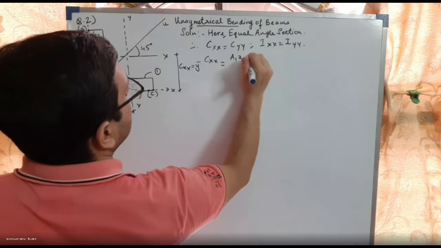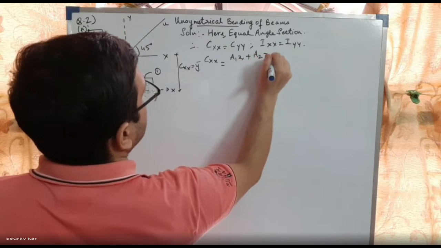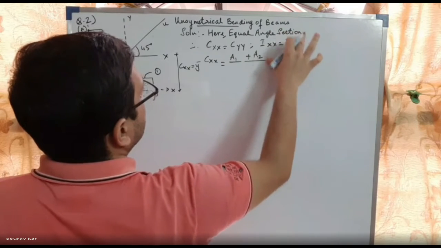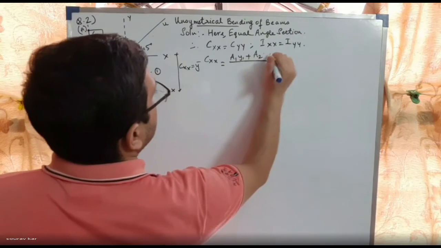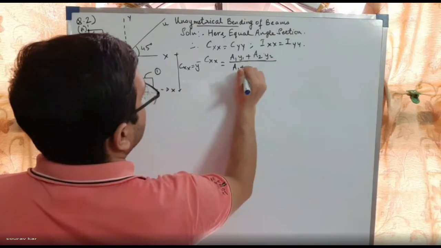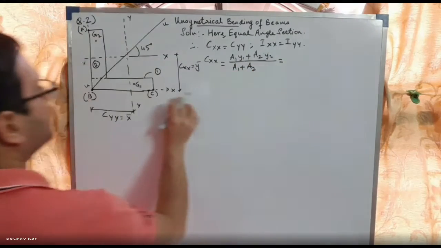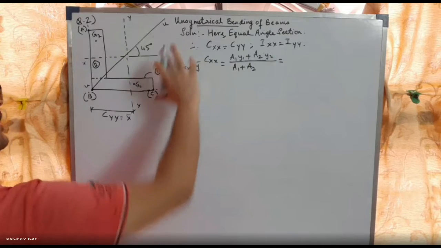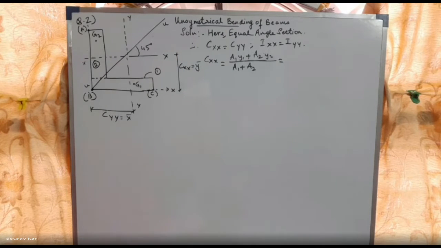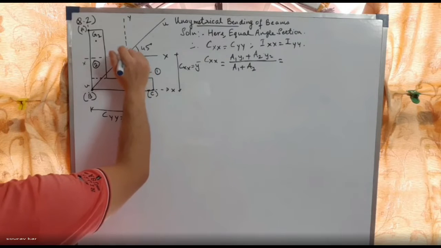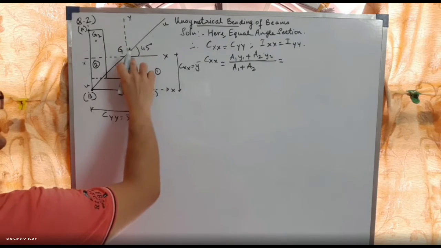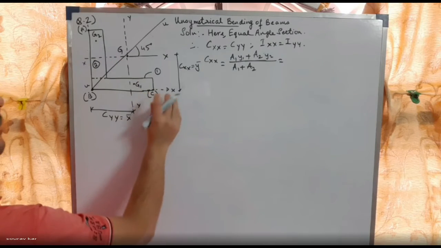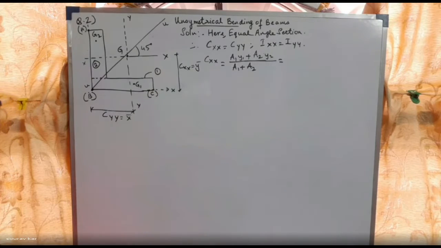That is A1y1 plus A2y2 by A1 plus A2. CXX is in the vertical direction. That is the centroidal distance with respect to the x axis, that is the bottom edge. I told you, always to calculate the C distance, we have to check from the bottom edge.